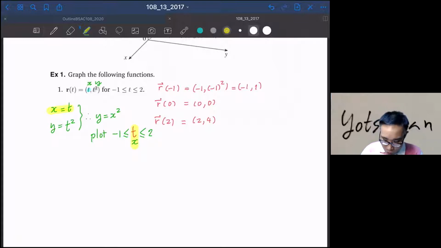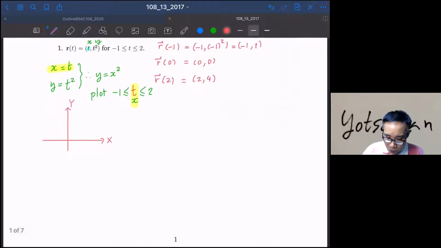So what is it going to look like? You're going to get a parabola. This axis is y, this one is x, and y equal to x squared gives you a parabola like this. Let me try to draw the parabola.